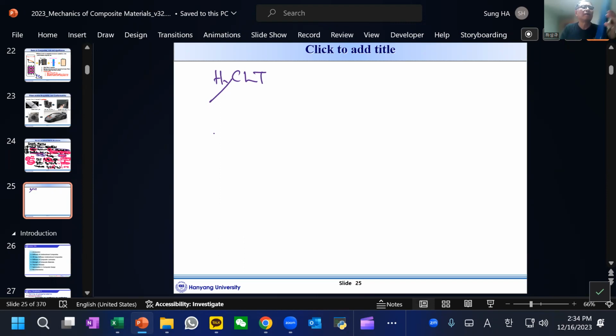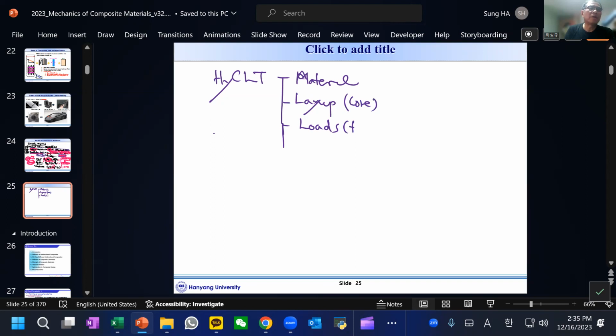And with CLT, of course, you can choose the materials and the layup, and angles and things like that. And you can apply the load. In the layup you can have a core sandwich structure, and for the load you can also consider the thermal load, right?